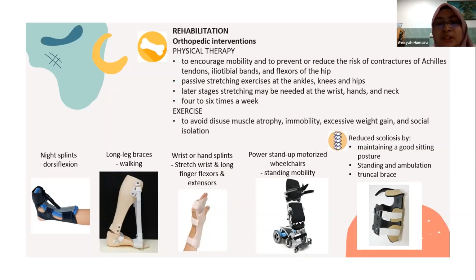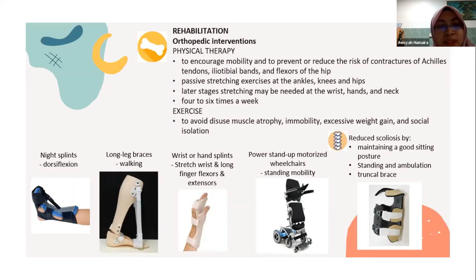Patients need to do basic stretching exercises at the ankle, knees, and hip. It may also be needed at the wrist, hand, and neck, and should be done 4 to 6 times a week. Patients also need exercise to avoid disuse muscle atrophy, immobility, excessive weight gain, and social isolation.